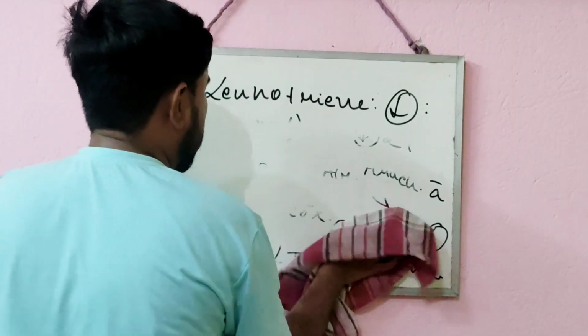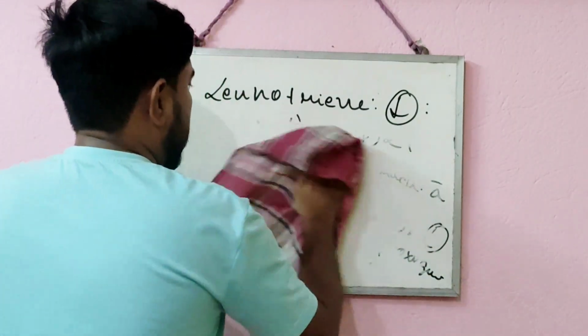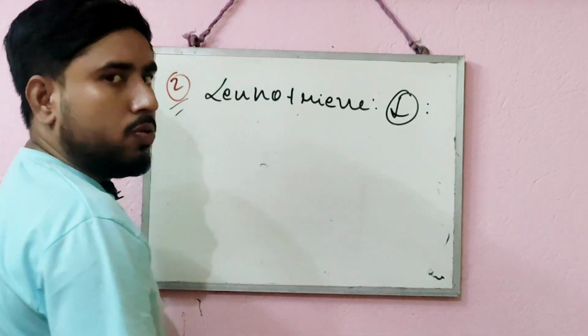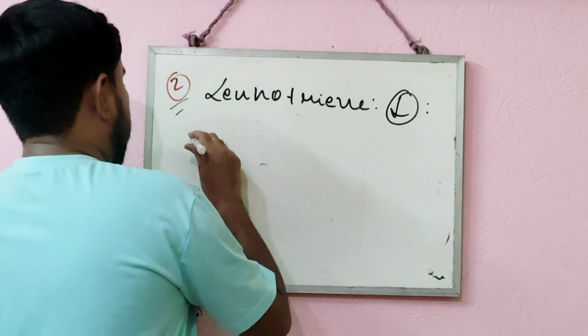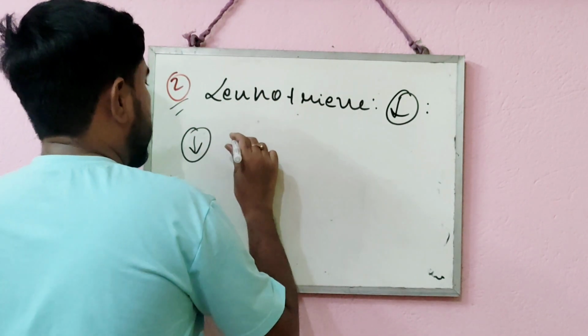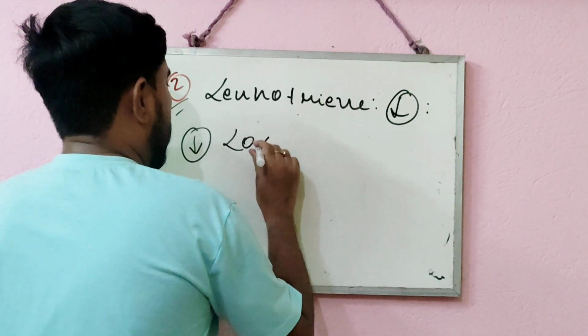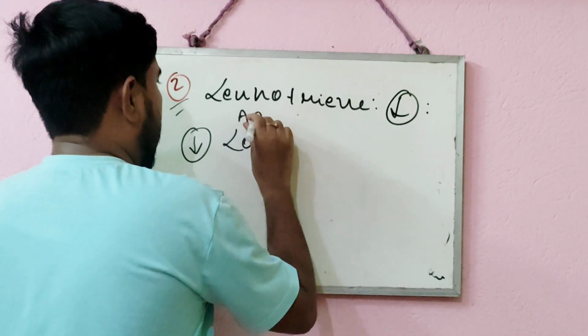So how does montelukast show its action? Montelukast shows its action by inhibiting the formation of leukotrienes by lipoxygenase from arachidonic acid.